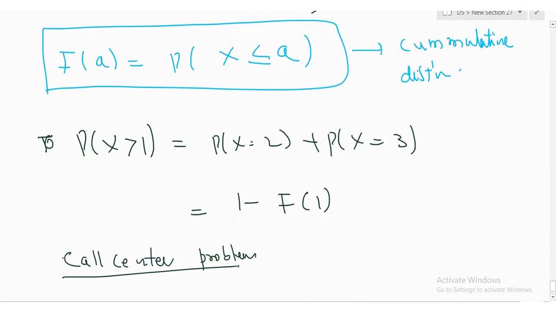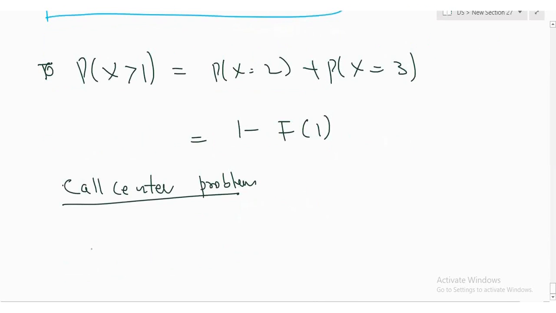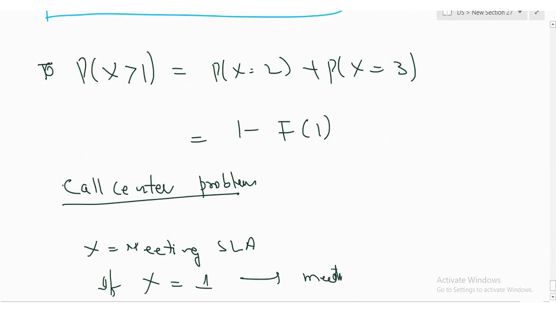What is the random variable? Define it first. X is meeting the SLA. If X equal to 1, I'm saying meeting SLA.